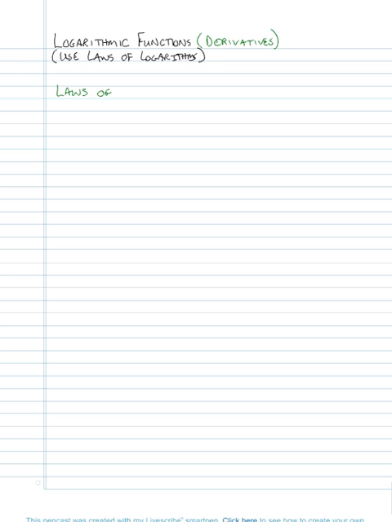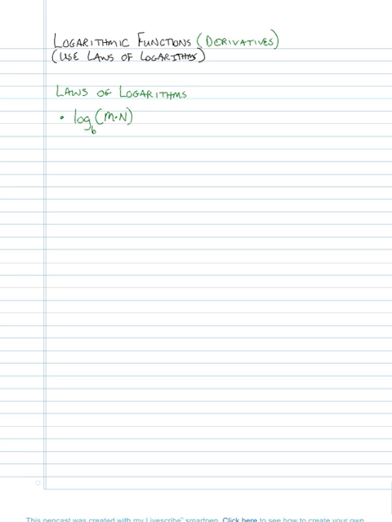There's three of them. Only three. Don't make any up. The first one is specifically called the product law, and it's about finding the logarithm of things being multiplied together. That's why it's called the product law. Of course, it could be base e, base 2, base 10, a lot of bases.